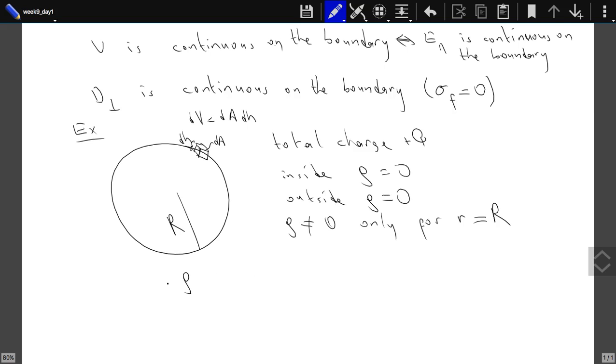And the charge density, let's say it has a charge dq, rho at that point is dq over dH times dA in the limit as dH and dA both go to 0. Let me take that limit in this order.